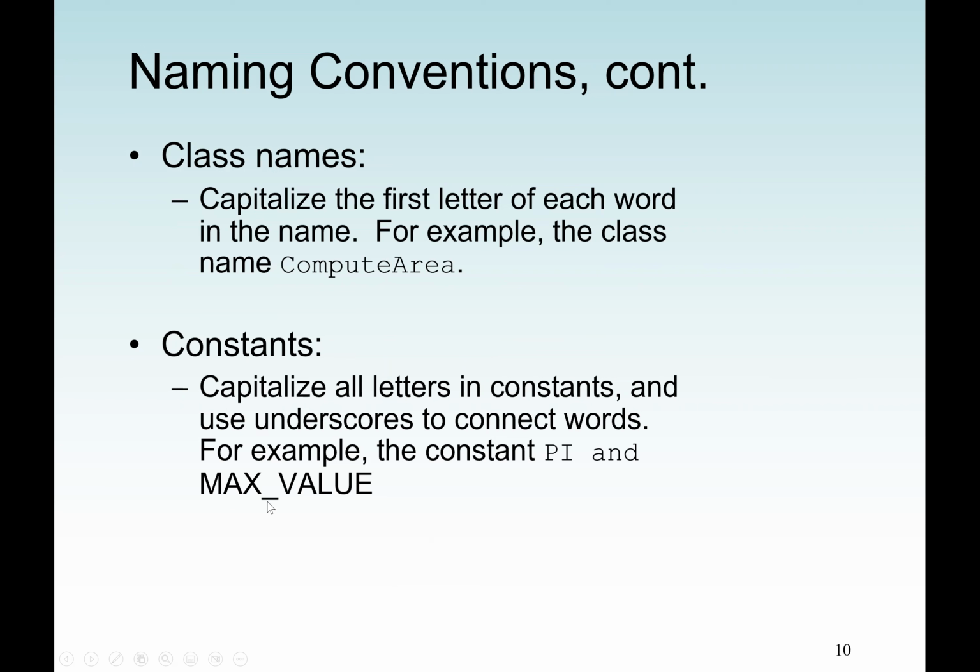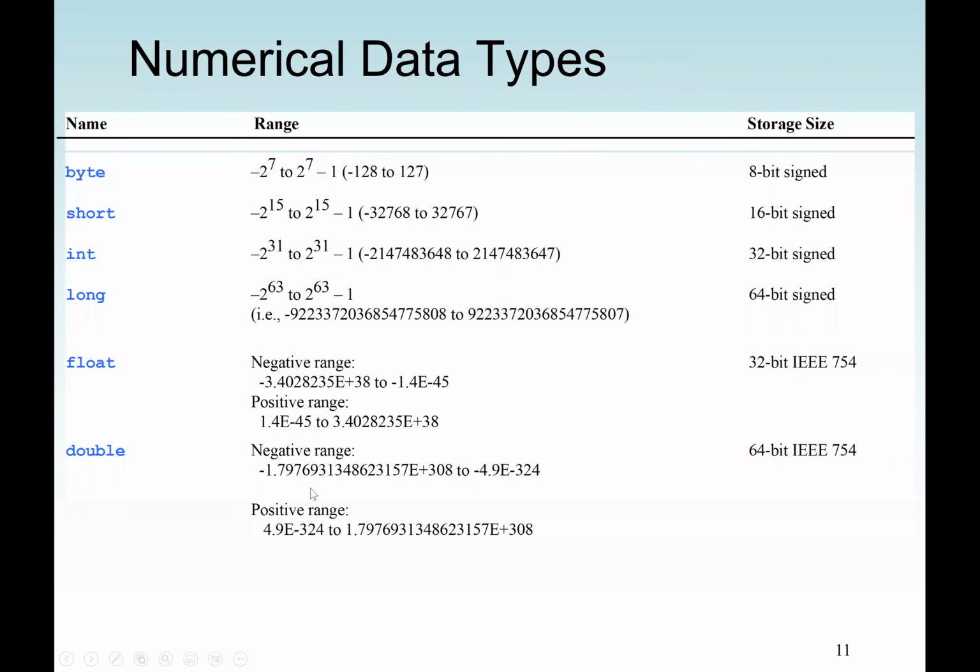For example, we have maxValue as the variable name. If it's a regular variable, we use lowercase max, then uppercase V, then lowercase alue together. But if it's a constant, we use uppercase throughout, and we use an underscore between the two words. Again, this is just a convention that we're going to use.